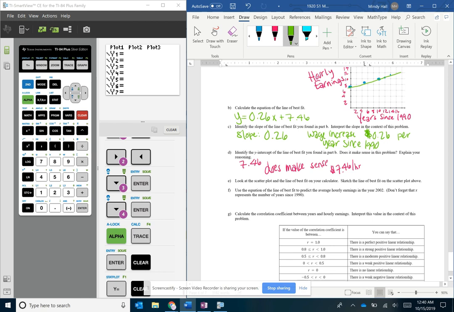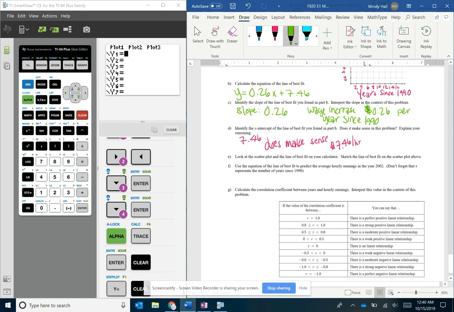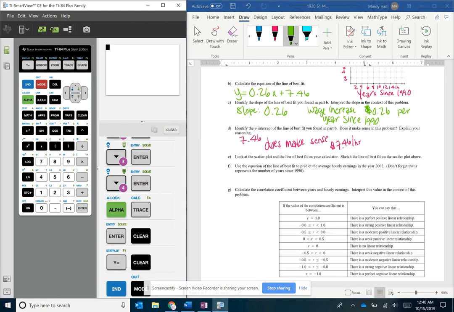So now, using that equation of the line of best fit, we want to figure out or predict the average hourly earnings in the year 2002. Since x is the number of years since 1990, that means I'm actually going to plug in 12, because 2000 is 10 years plus 2 more is 12.